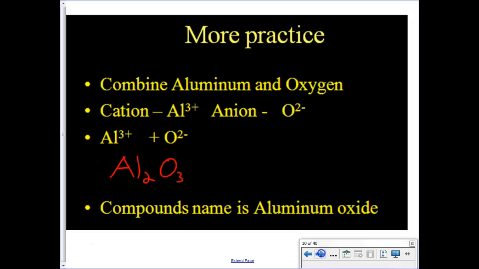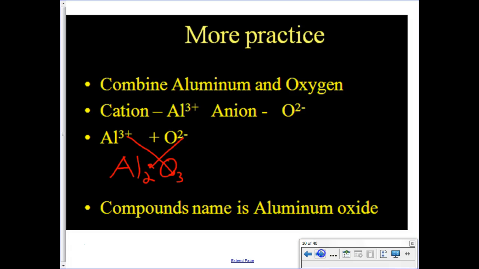An easy way to do this, there's a shortcut. If the charges are different, you can do the crisscross method. Did you notice how this 2 came down here and this 3 came down here? You just switched the numbers and they became the subscripts.